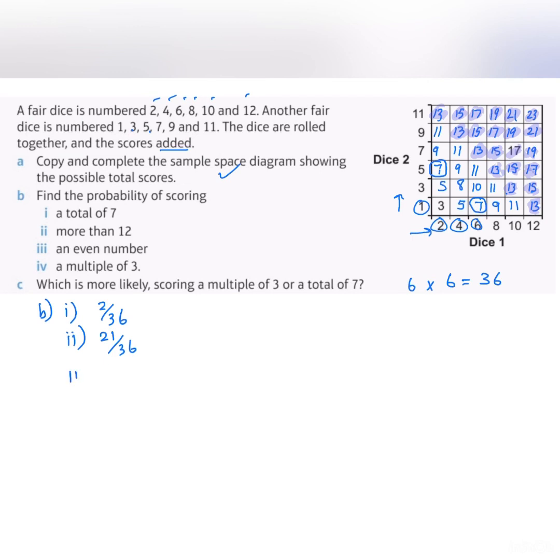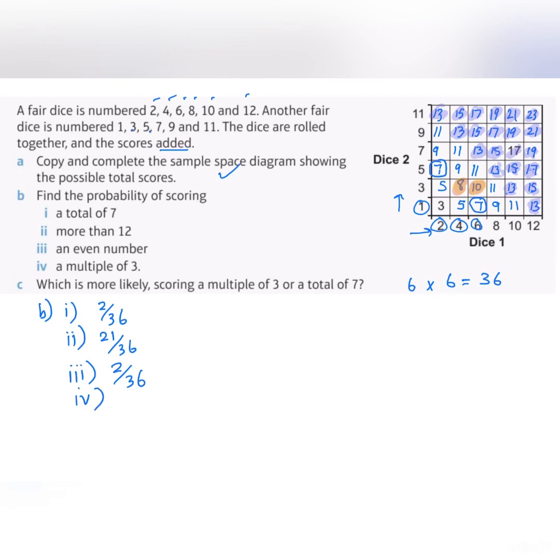Okay, now then it says what's the probability of an even number? So look again in that sample space diagram and look at all the even numbers and count how many there are. Okay, so there are only 2 even numbers. So the probability of scoring an even number would be 2 out of 36, and then part 4, a multiple of 3.